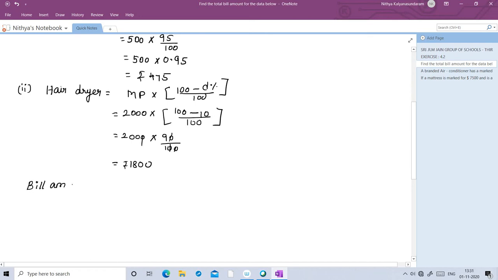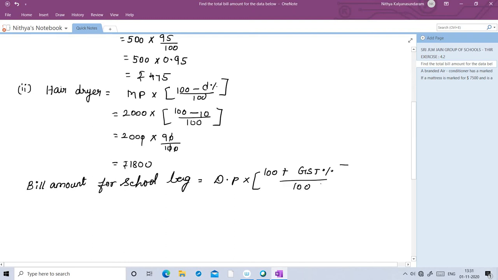Bill amount for the school bag is equal to discount price into 100 plus GST percentage, divided by 100.